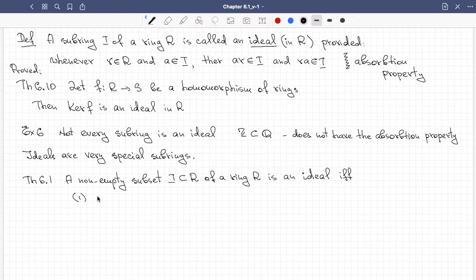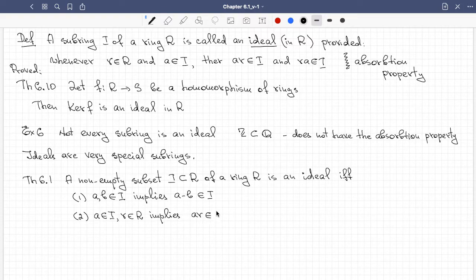First, if a and b are elements of I, then their difference also belongs to I. And the second is the absorption property. a in I, r in R implies ar in I and ra also in I. This is the absorption property.